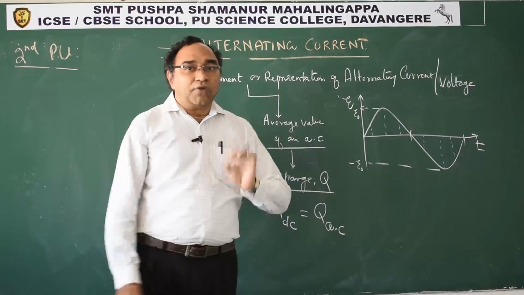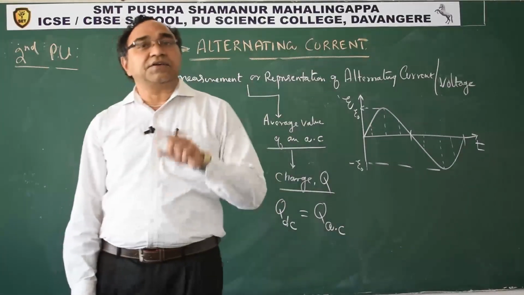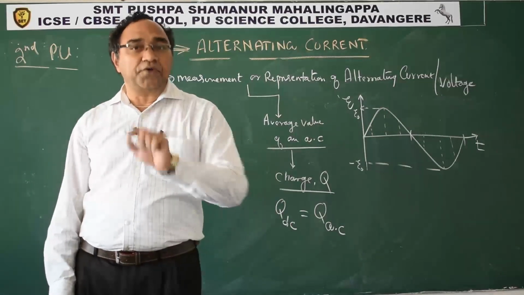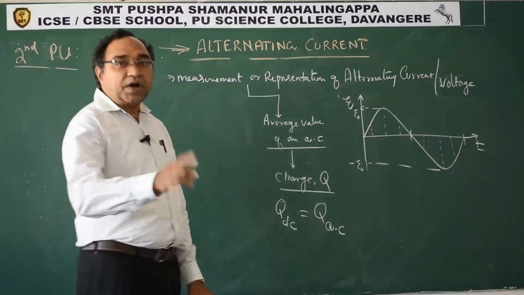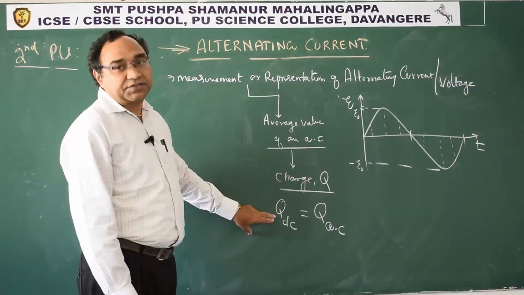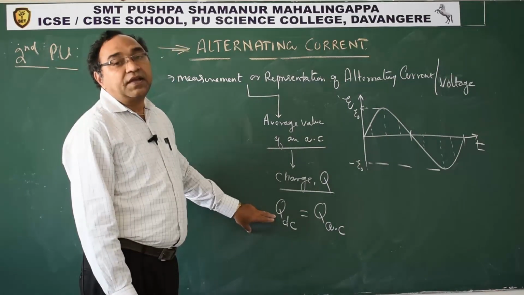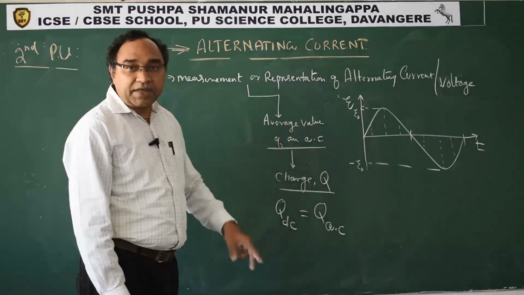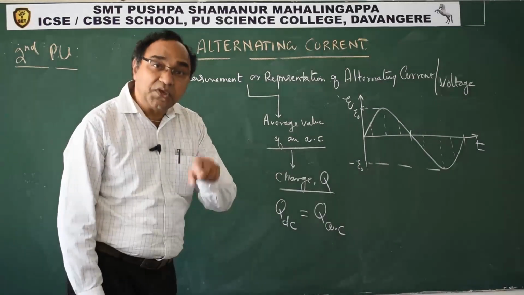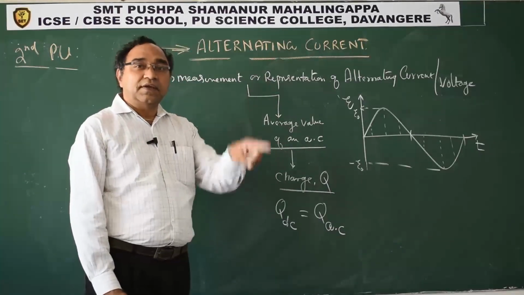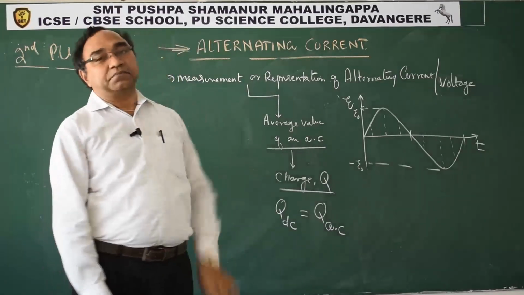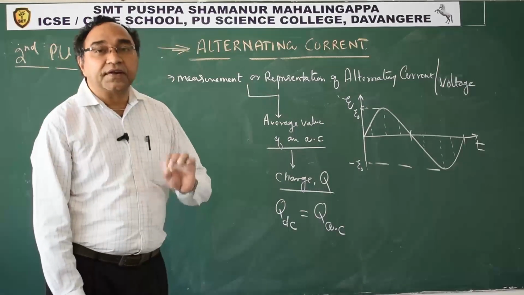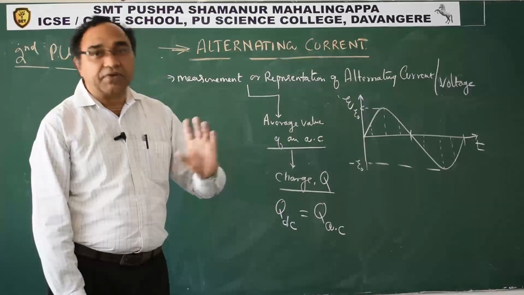The average value of an AC is that steady current which would deposit the same amount of charge in a given capacitor in the same time as a DC would in the same capacitor in the same time. That is exactly the basic definition of average value.